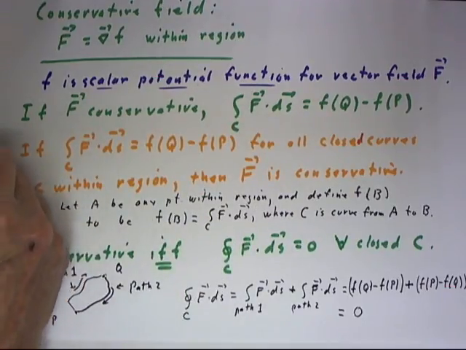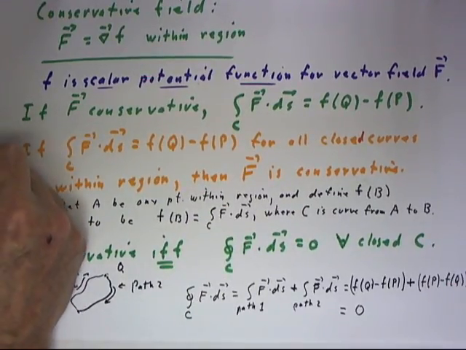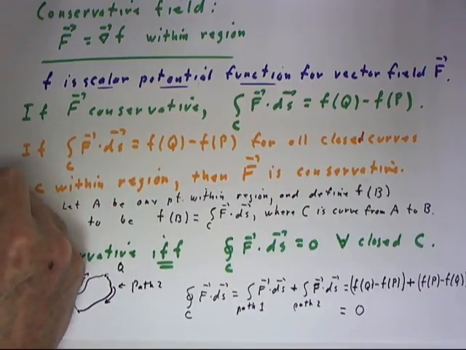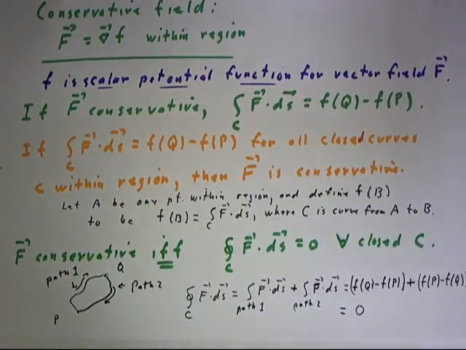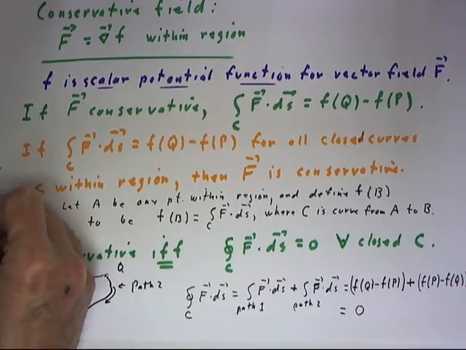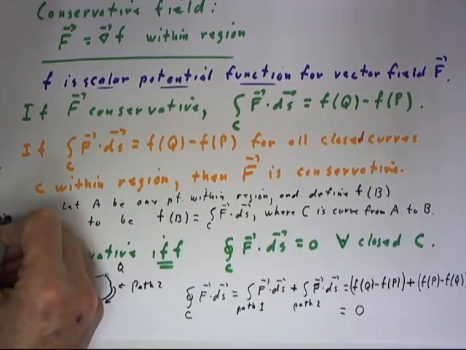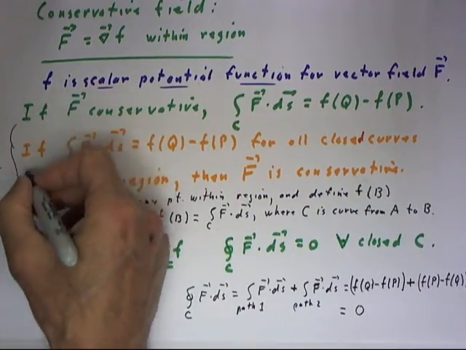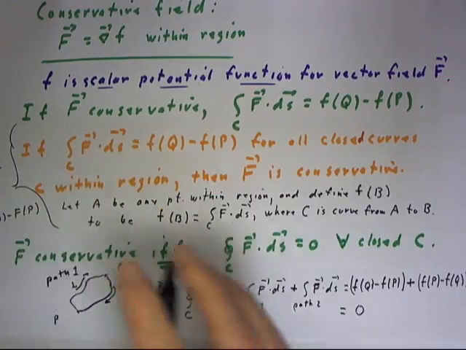And this one saying that F is conservative if and only if the integral over any curve of F dot ds equals f of Q minus f of P. And that's this argument here.